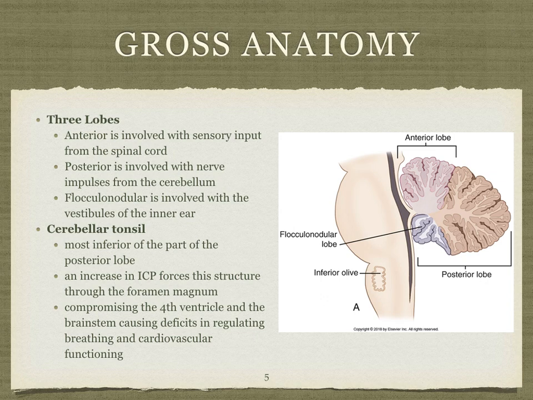The cerebellar tonsil is the most inferior part of the posterior lobe, and we think about how our brain is set up. We have the foramen magnum, which is the big hole at the base of our skull. If there's elevated intracranial pressure, this cerebellar tonsil is forced through our foramen magnum.